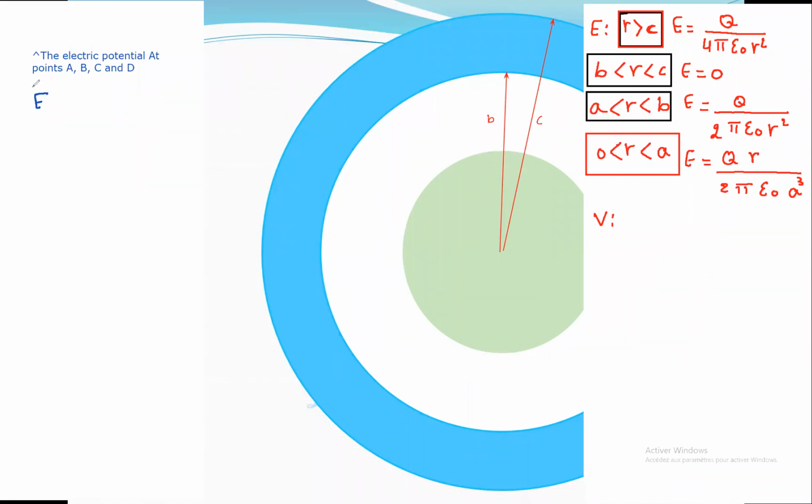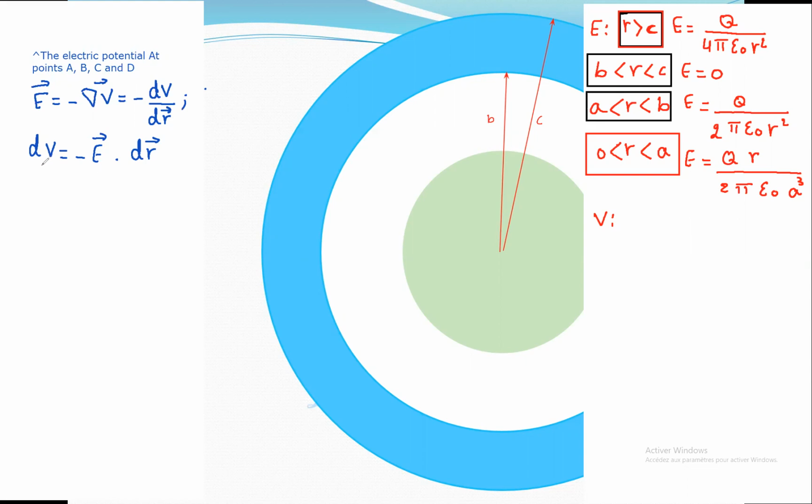E, in general, equals to minus gradient V, or equals to minus dV divided by dr. So dV, we can write here dV equals to minus E dot dr.